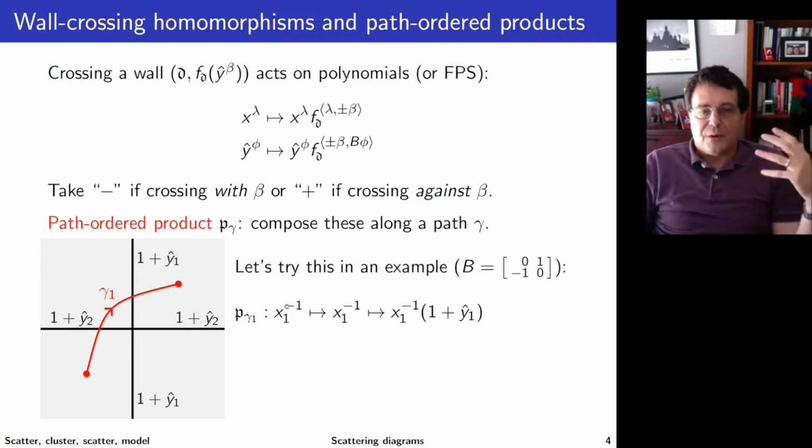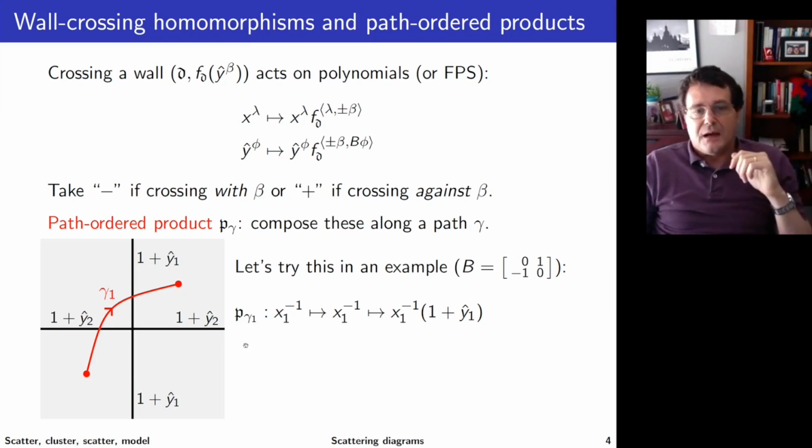X1 to the minus 1 is x to the vector (minus 1, 0). The normal vector is (0, 1). And so nothing happens because this power is 0. In the next step, however, we cross this wall and something happens. It turns out that we replace x1 to the minus 1 by itself times the wall crossing term to the first power. So we're crossing that wall, and we're taking that wall crossing term to the first power.